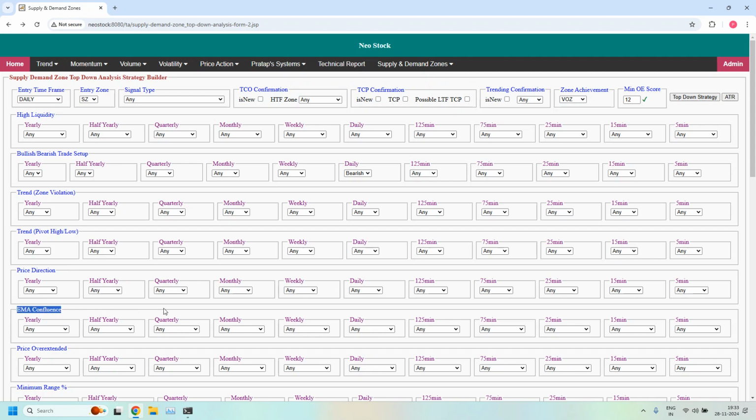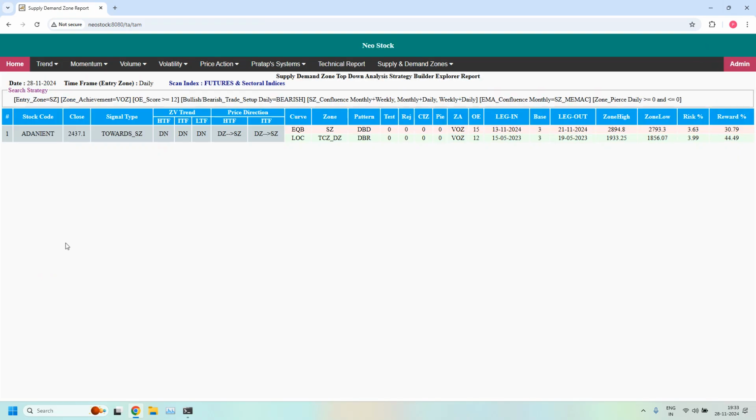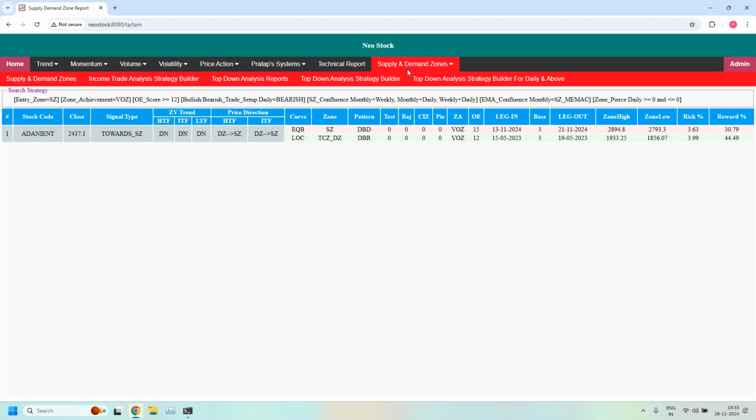So in the EMA confluence at monthly time frame, monthly supply zone having monthly EMA confluence filter is enabled. Yes, it is having even monthly supply zone having monthly EMA confluence. So it's a high probability trade setup supported stock. Okay, this is about bearish trade setup, monthly income trade.